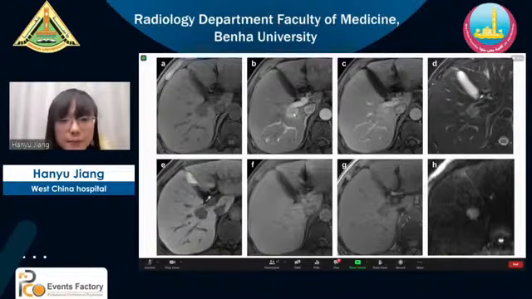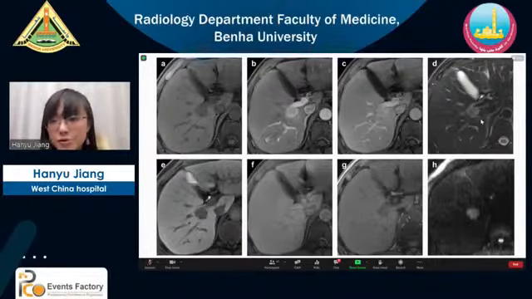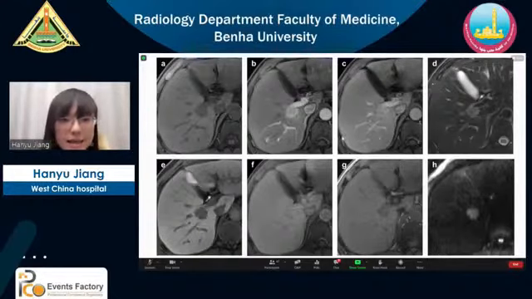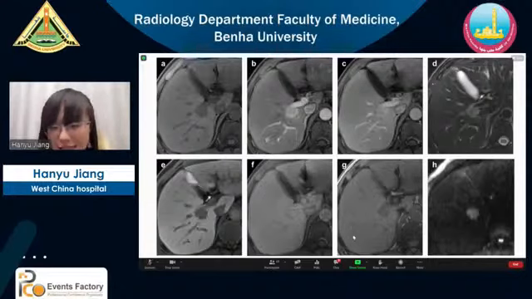The observation became hyper-enhanced on arterial phase images, but the enhancement continues on the portovenous phase images, and so no washout. The observation demonstrates mild to moderate T2 hyperintensity, hepatobiliary phase hypointensity, transitional phase hypointensity, and diffusion restriction.